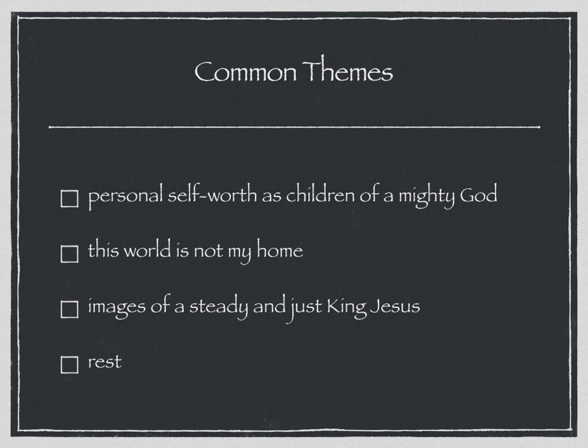They were using them. They were working them to death. And they didn't care. And so these images of a steady and just King Jesus gave the slaves something to hold on to, that they could look forward to a time of justice. Even though it wasn't now, they could look forward to that.